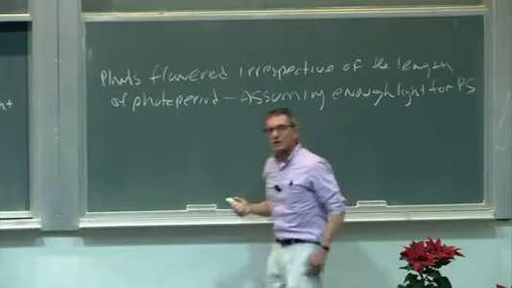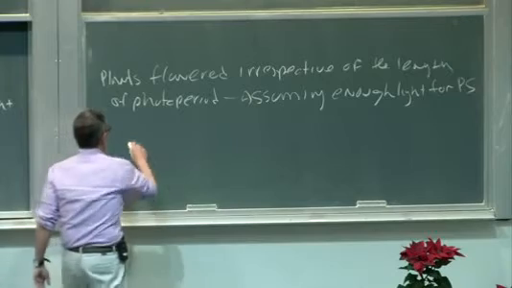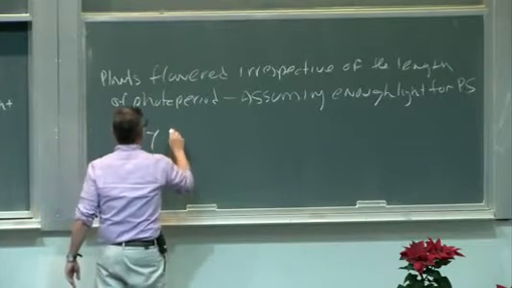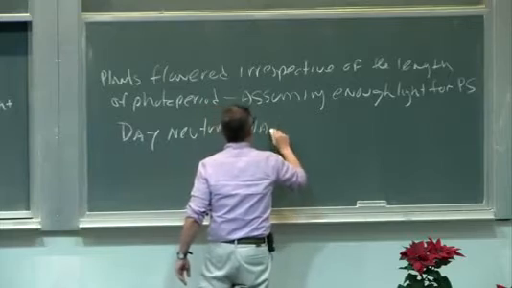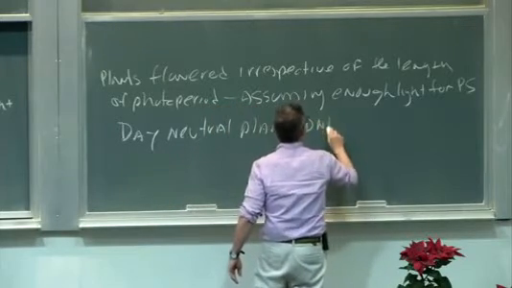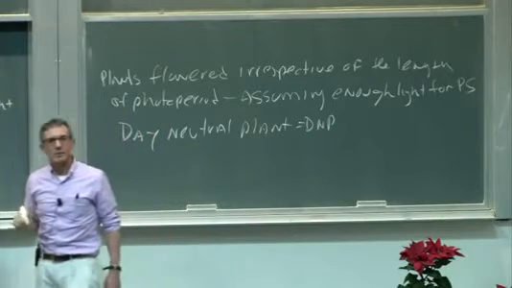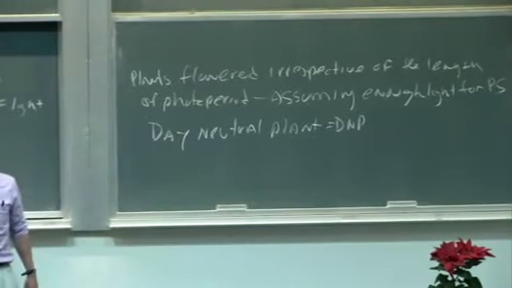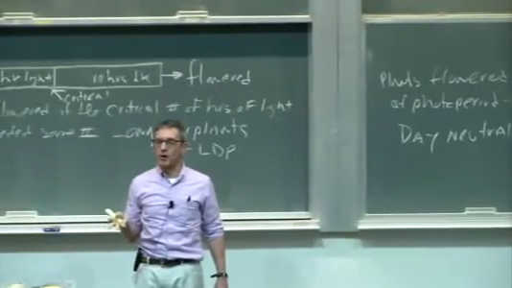And plants which flowered irrespective of the amount of light they got, they call day-neutral plants, DNPs.